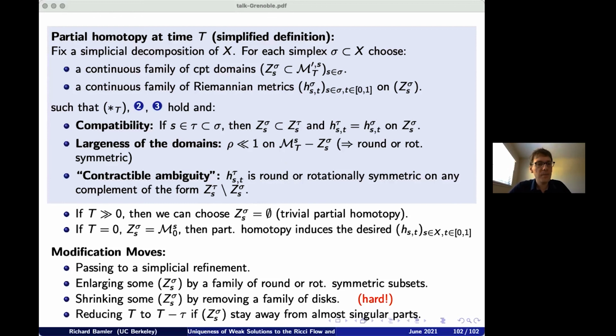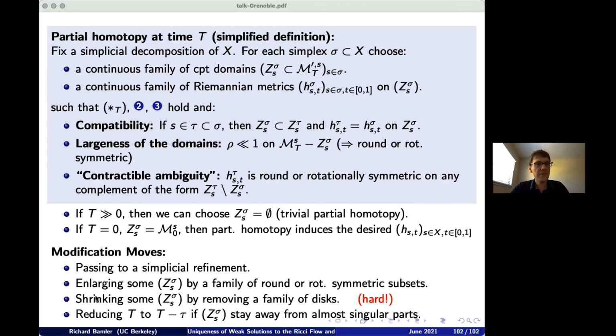And then lastly, we should be able to move the entire partial homotopy backwards by one time step. The idea is to follow these modification moves essentially in this order. We first pass to a simplicial refinement so that these flows at time T don't change too much. Then we enlarge, adding in some component C sigma where the flow has become macroscopic.